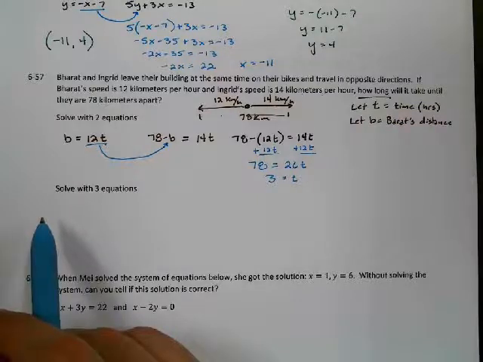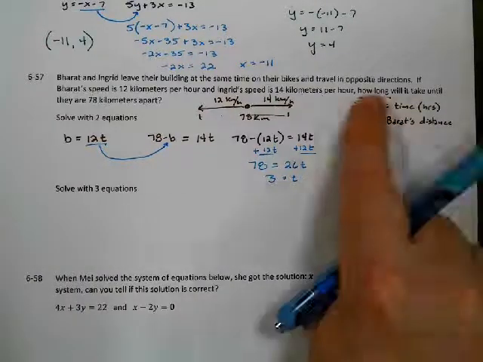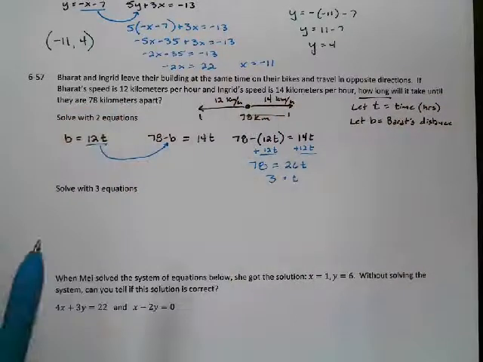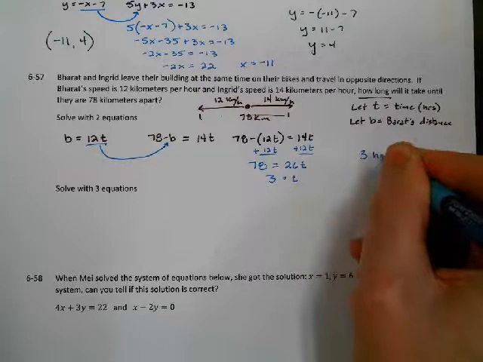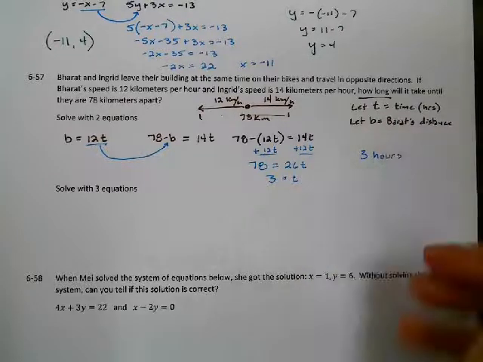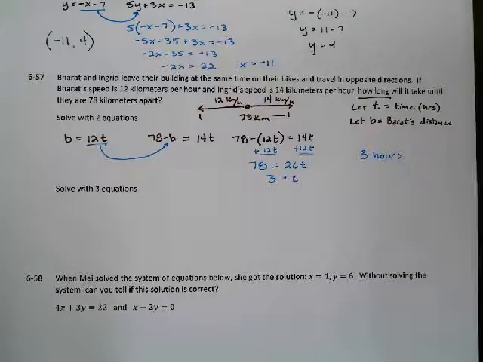All right, so how long will it take until they are that long apart? We just found out it will take 3 hours. Now, personally, on this problem, I really like to use 3 equations on this, and here's how I would do it. I know that Bharat's distance, and I'll call him D1.